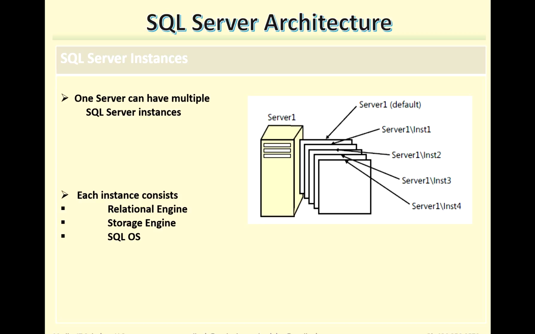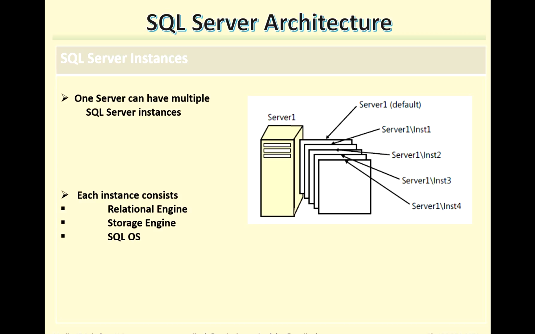and each instance consists of three things: relational engine, storage engine, SQL OS. These are the key components of SQL Server for it to function. So what does a relational engine do? The relational engine is responsible for interpreting the queries.